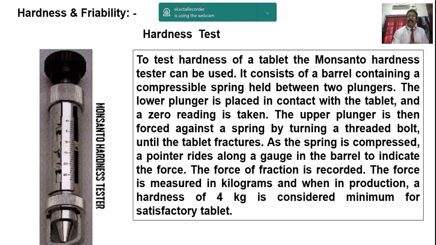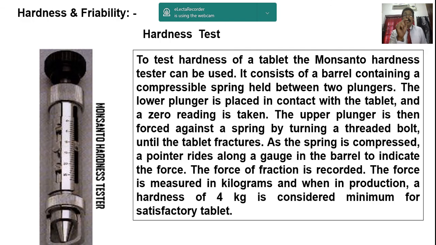Down below there is a U-shaped metal piece and a sharp cone shape, with a space in between where you can keep the tablet in the diameter position, in the vertical position, and then you fix it.